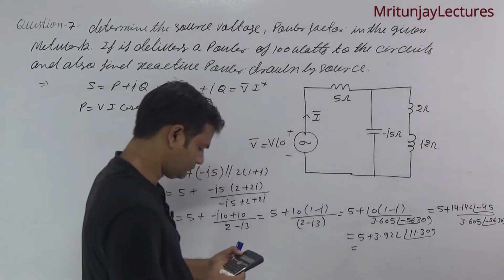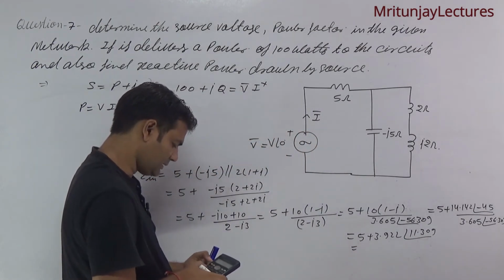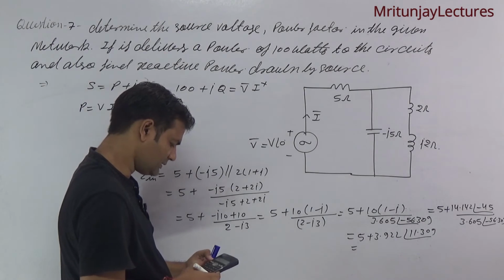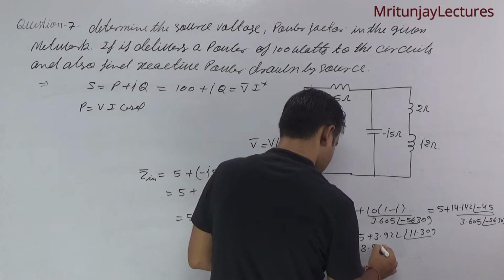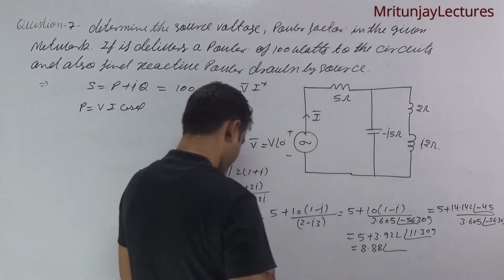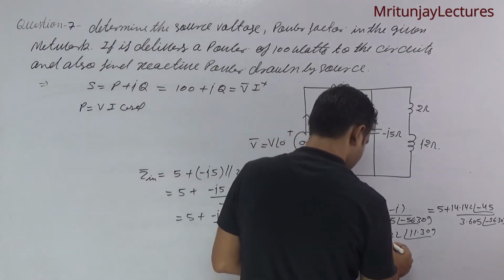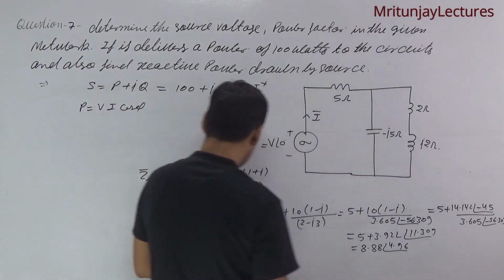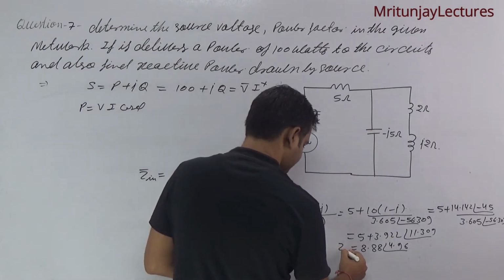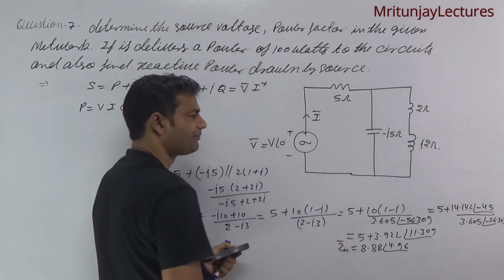Now we have 5 at the angle 0. If this is added, we get 8.88 at the angle minus 4.96. That is Z input, Z in.